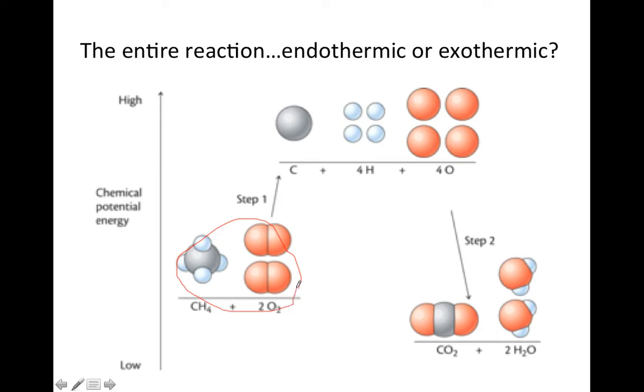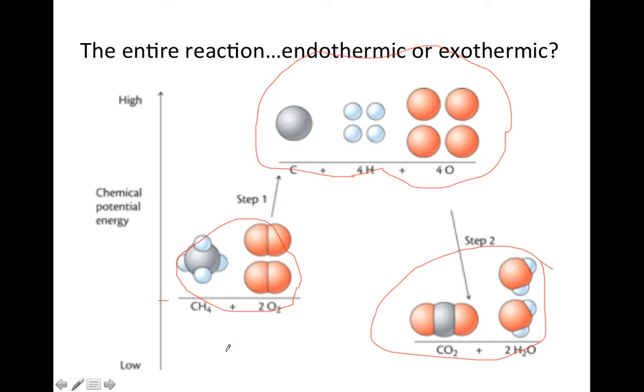Here are my reactants, and my reactants are at a certain level, and then they transition to this area here, where now we just have atoms, and then those atoms rearrange themselves to now the products.